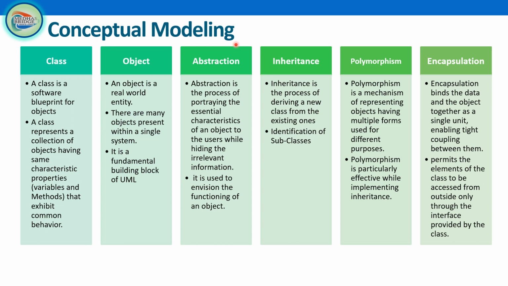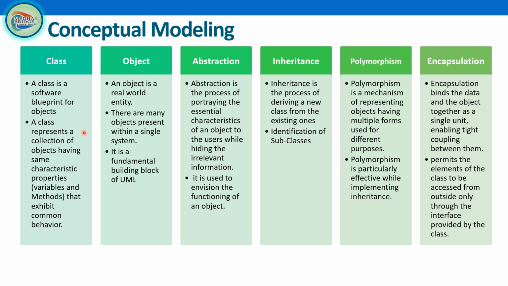Conceptual modeling. We can think of classes, objects, abstraction, inheritance, polymorphism, and encapsulation in object-oriented programming and analysis. Let's look at them one by one in brief. A class is a software blueprint for objects.